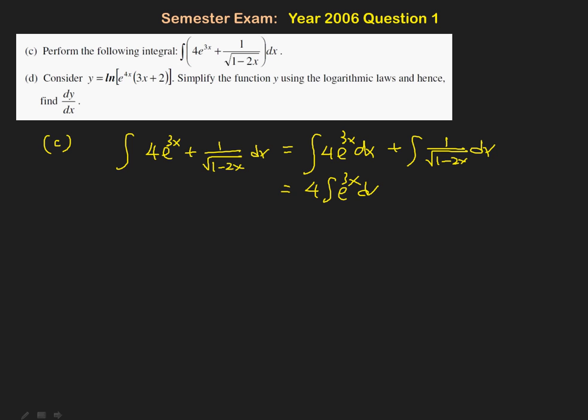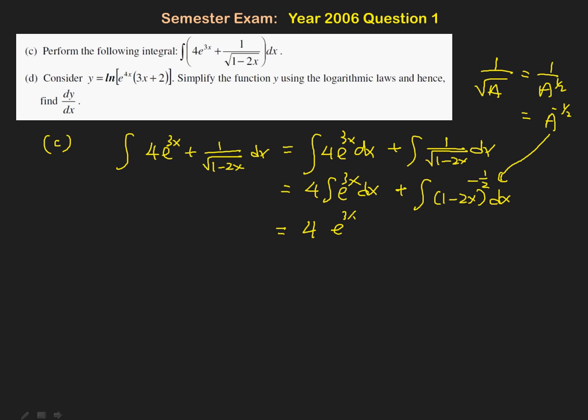But here 1 over the square root of 1 - 2x is in fact (1 - 2x)^(-1/2), because 1 over a^(1/2) is a^(-1/2). So a is 1 - 2x, and you have it. This is e^(3x), using the table of integration, and this is (1 - 2x)^(-1/2), again using the table of integration.